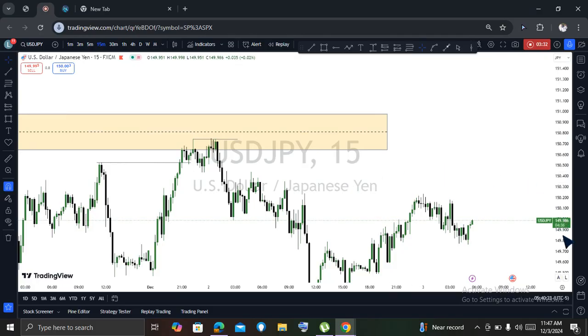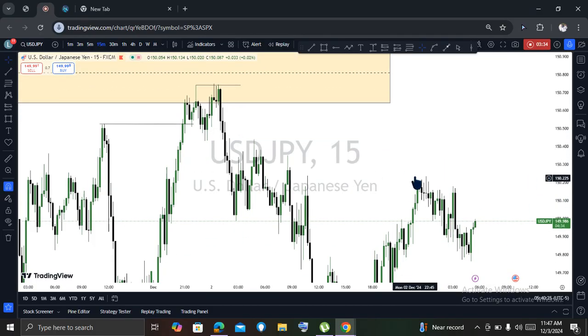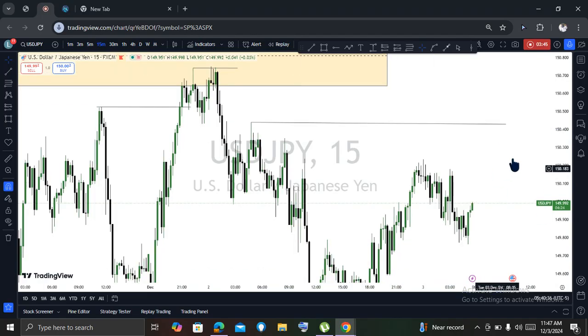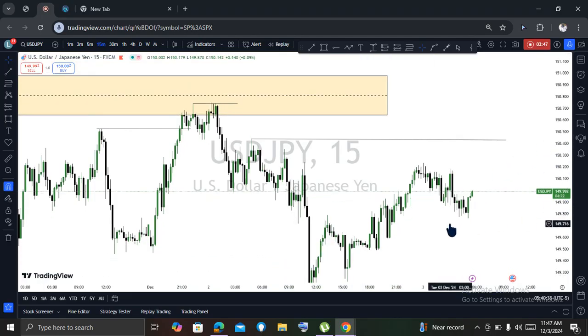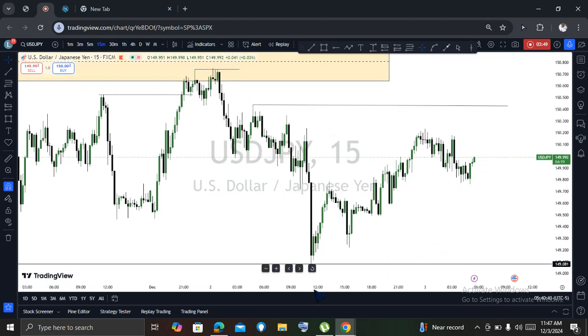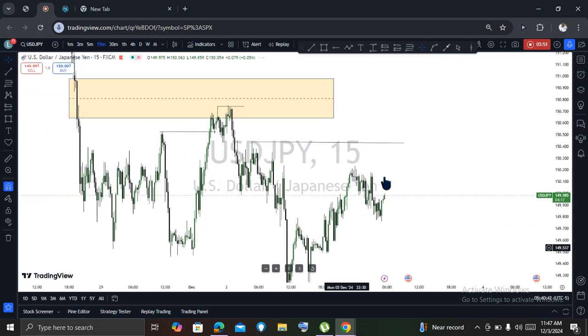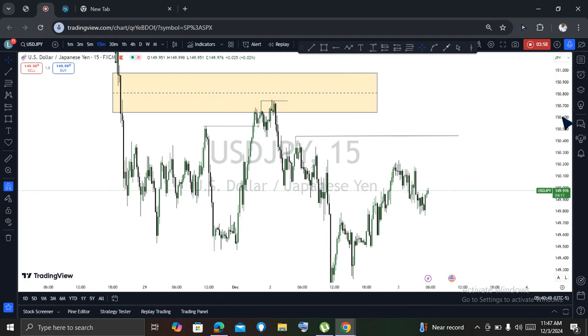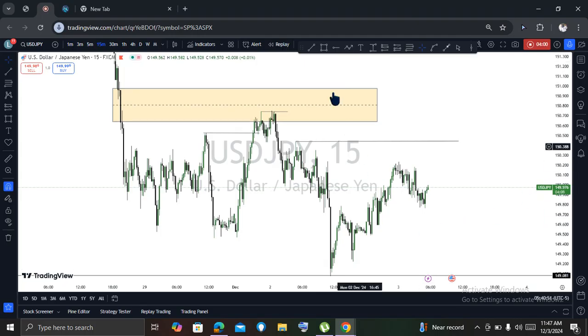So that makes it a very strong area of interest. We could see our inducement. The way I enter my trade is I must first look at the market structure, where the market is actually trending to, and where the liquidity is, and I'll look for my entries.